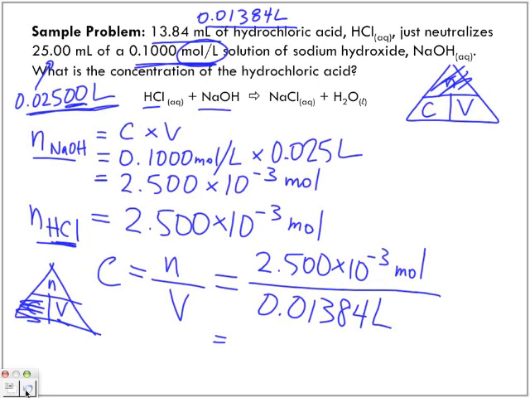When I divide the two, I get 0.1806 moles per liter. So the concentration of the hydrochloric acid in this reaction is 0.1806 moles per liter. As we said, 4 significant digits is the least number of significant digits in my question, so I want to make sure to include 4 significant digits.